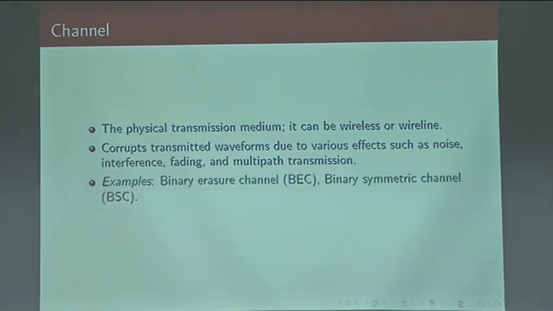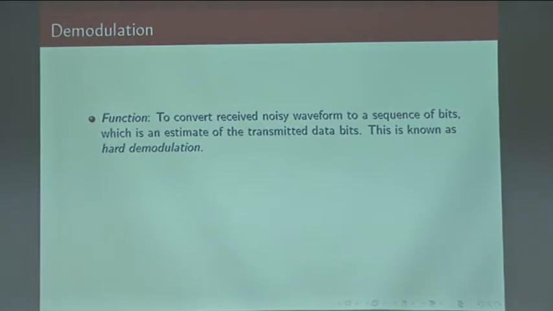These are all messy things, and what coding theorists like to do is get rid of the messy things by abstracting and looking at models like the binary erasure channel or the binary symmetric channel, as we mentioned. I'm going to say a little more in a second about how we get these channel models.